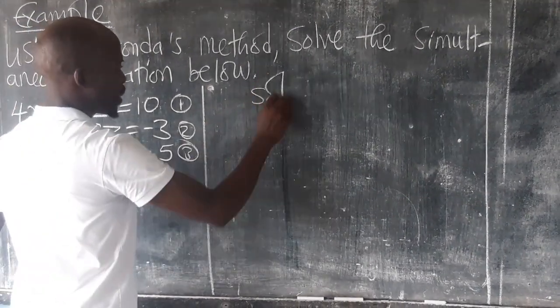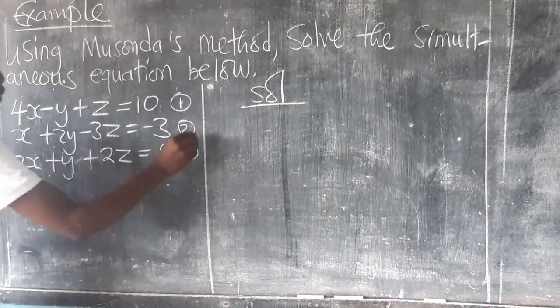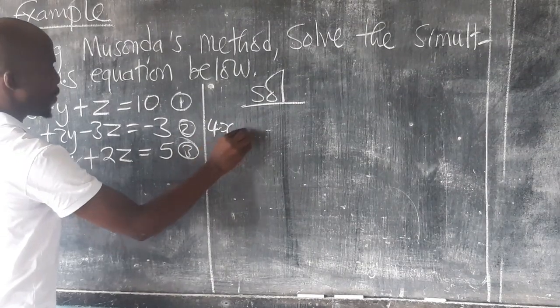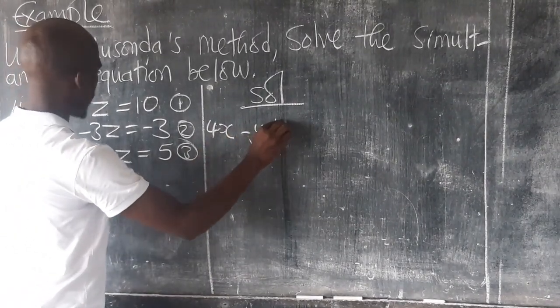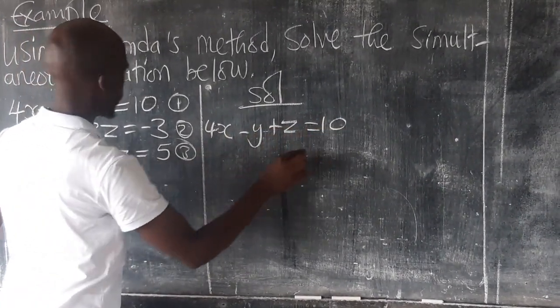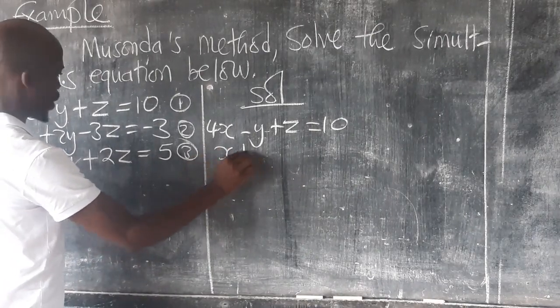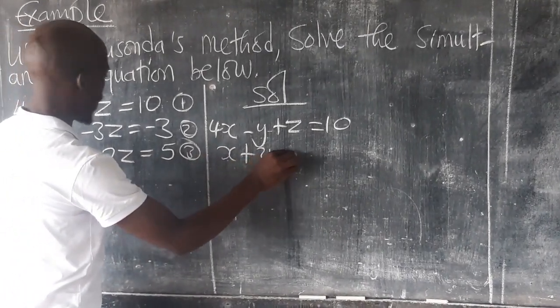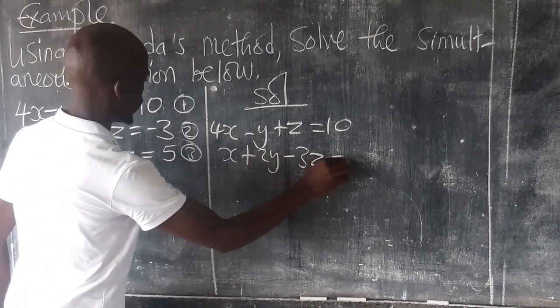Let's look at the solution here. So 4x minus y plus z is equal to 10. I also have x plus 2y minus 3z equals negative 3.